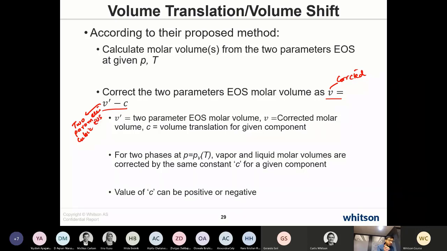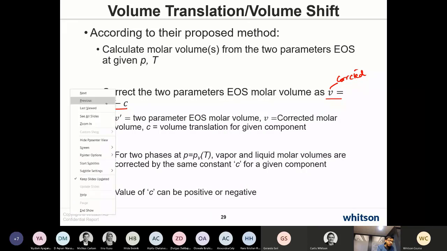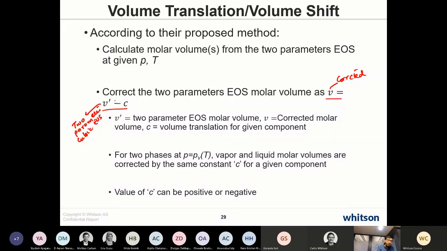So just do the same calculation with the 2-parameter cubic EOS, and at the end, once we finish the calculation, just subtract this constant term from the 2-parameter cubic molar volume and get the corrected molar volume. And this C number here is the volume translation for a given component, so it's different for each component.